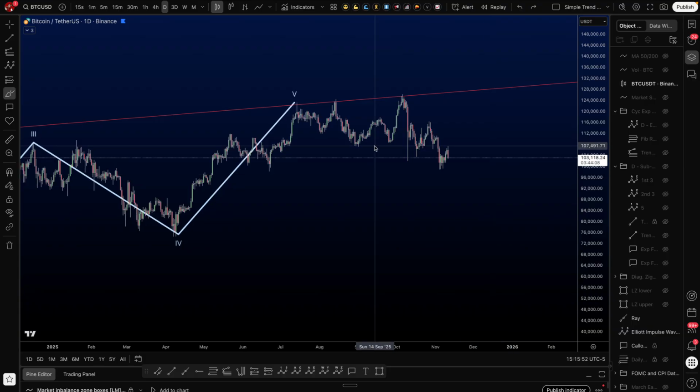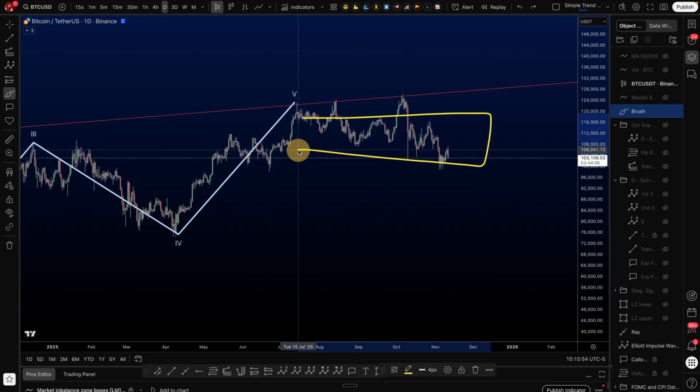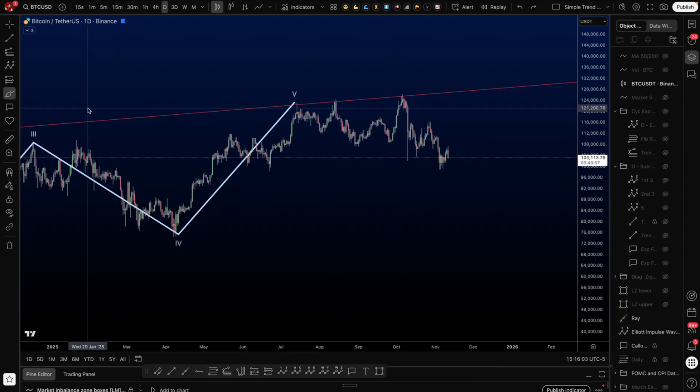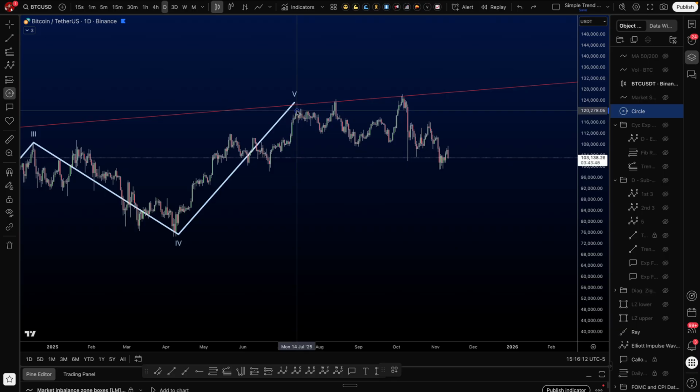I feel like this is corrective in nature just because of its more horizontal direction. One of the things I've talked about before is the circle, the clock mentality, if you want to call it that.